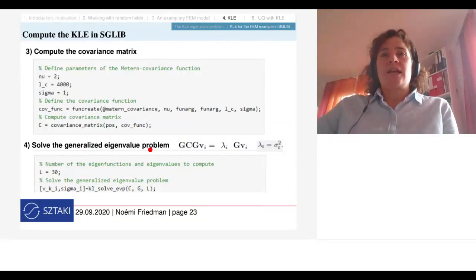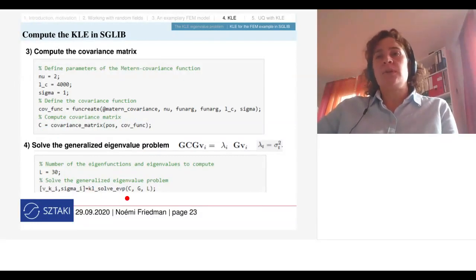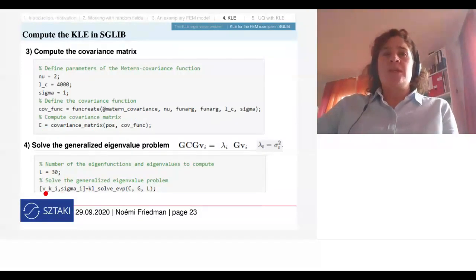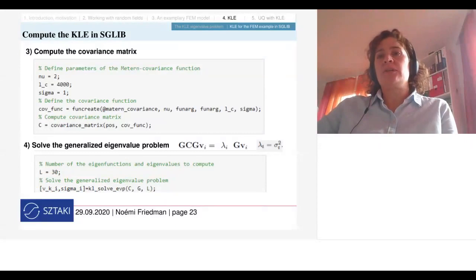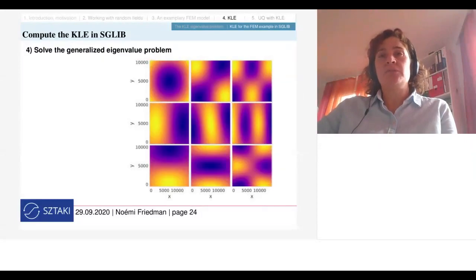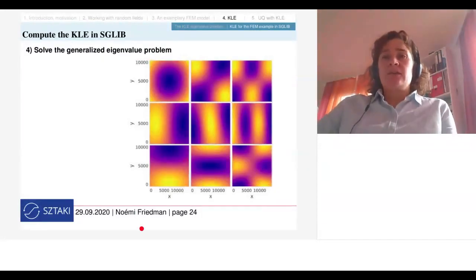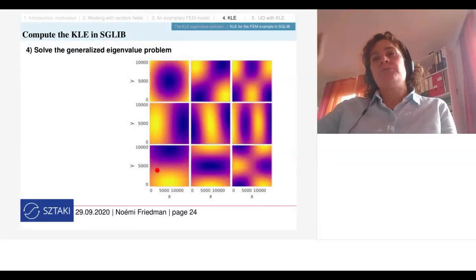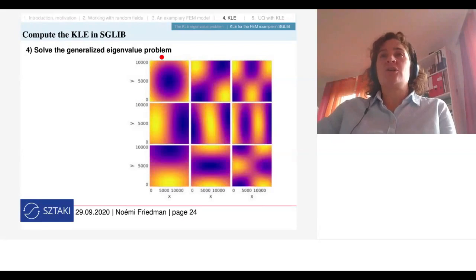Now, for solving the generalized eigenvalue problem, there is a function for that, but it also uses inbuilt MATLAB functions, and it gives you directly the V matrix and the scaling factors that you put in the S matrix later on. So from the eigenvalue problem I get the nodal values of the eigenfunctions, these R spatial functions, or an approximation of them.